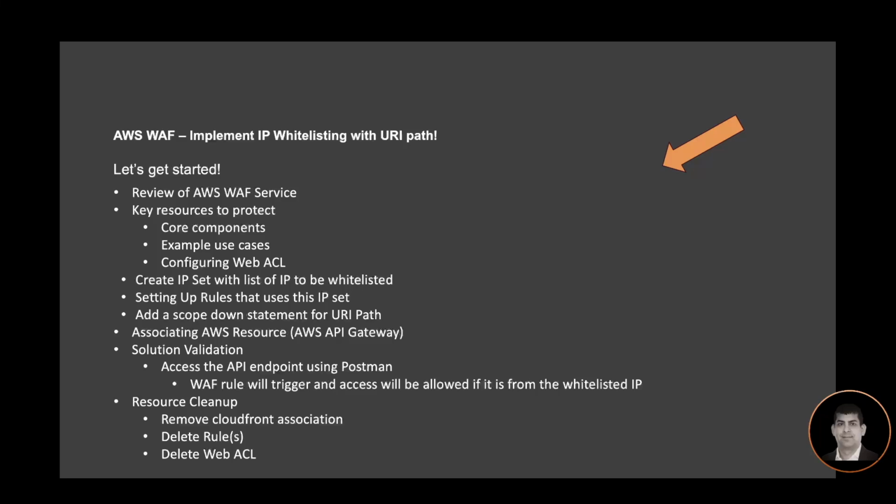And then I will validate the solution by accessing the API endpoint using Postman. Once the WAF rule is triggered, access will only be allowed if it is from the whitelisted IP, or if the rule is not triggered. Then we're going to look at the resource cleanup, which is removing the association, deleting the rules, deleting the WebACL and so on.